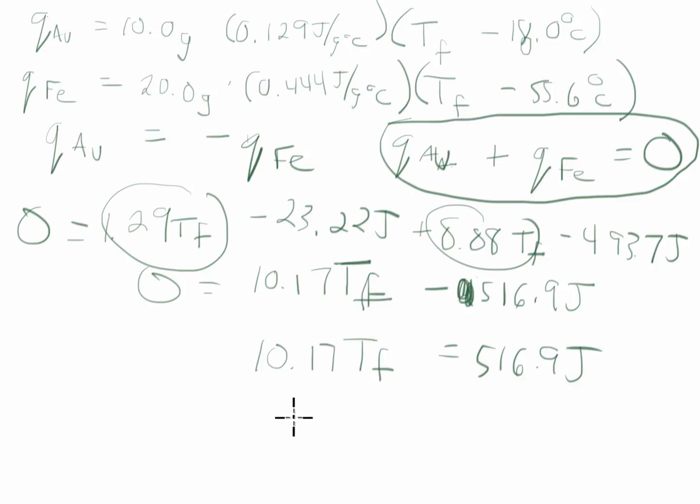Divide both sides by 10.17 and you get that the final temperature is equal to 50.8 degrees Celsius.